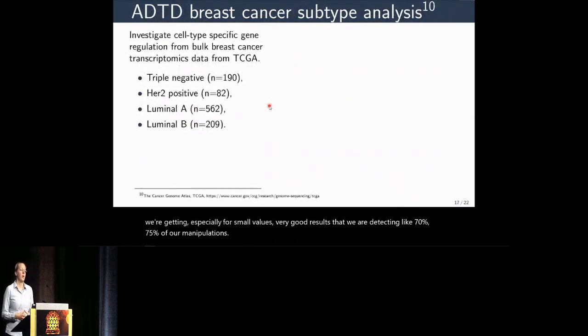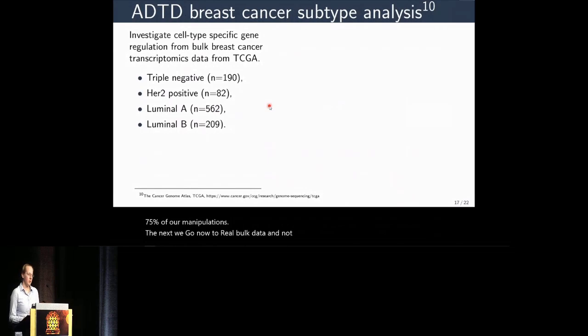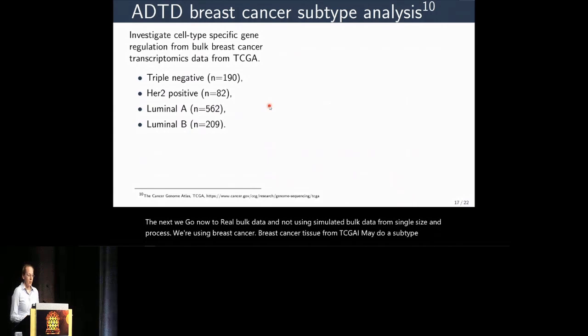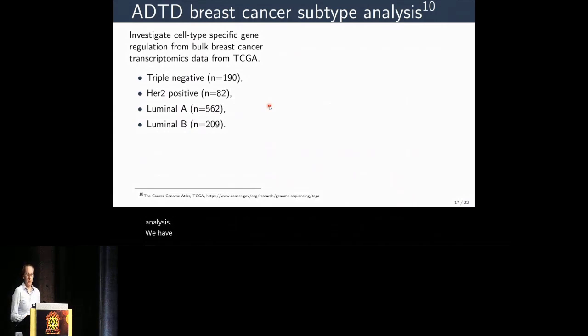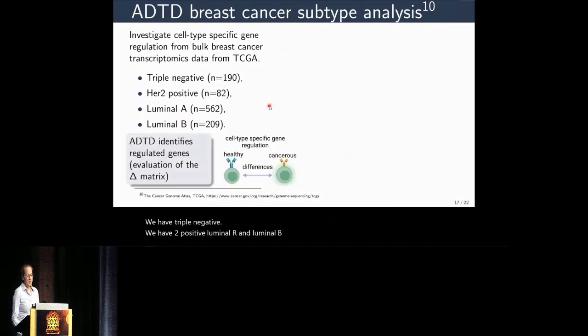The next step is that we go now to real bulk data, not using simulated bulk data from single cells. For this, we're using breast cancer tissue from TCGA, and we do a subtype analysis. We have triple negative, HER2 positive, luminal A and luminal B breast cancer subtypes.